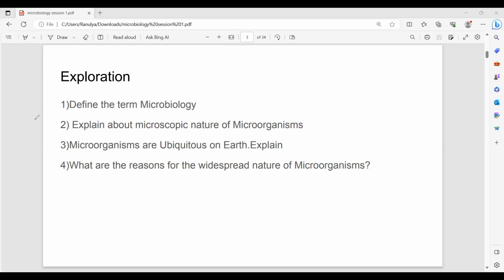Next point, some microorganisms are capable of inhabiting extreme environmental conditions that are unfavorable or even lethal for other organisms. They are known as extremophiles. Next point, extremophiles are found in deep sea at high pressure, hydrothermal vents, inside earth crust, extreme acidic or basic conditions, frozen seawater, and anaerobic conditions.